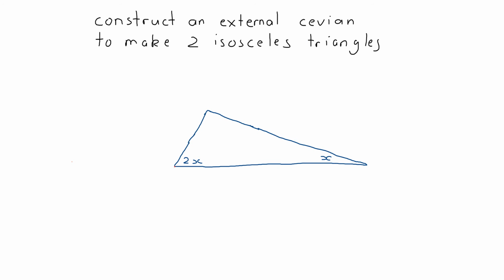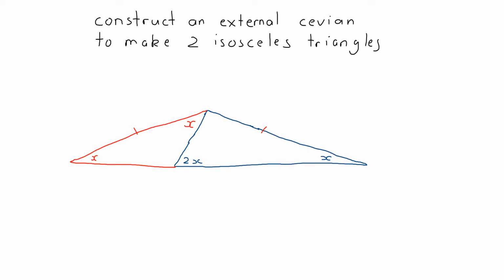So I'm going to construct my external cevian out here and along to here. And I'm going to construct it such that this is x, meaning this and this are equal, but I know if this is x and this is 2x, then this has to be x as well, because x plus x must equal 2x for that exterior angle.